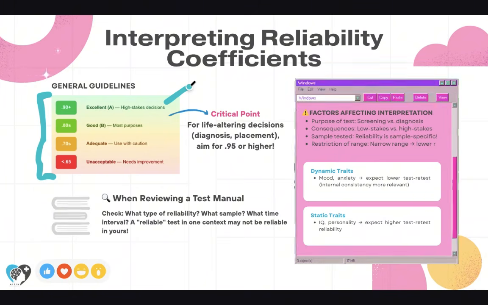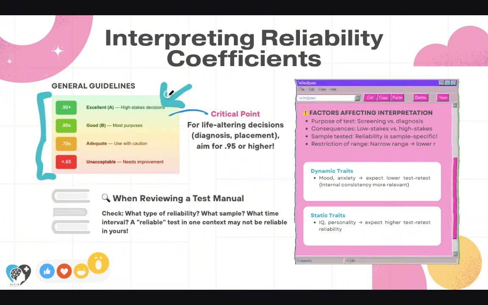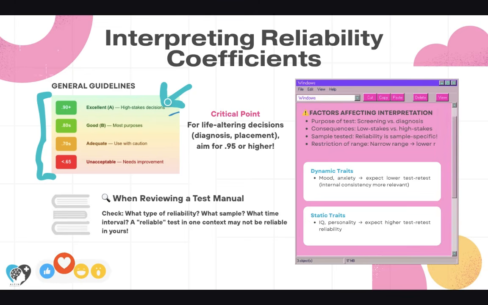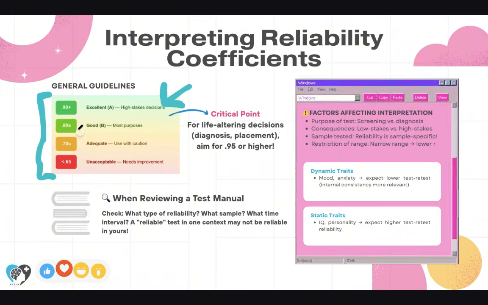Okay, so for exams that could potentially influence someone's life, for example, the mental retardation test or a school placement test, identifying whether or not you need to be placed in a school wherein you are given special education, right? You need to have reliability scores of 0.90 and above. Between 0.80 and 0.89 is good, so it's acceptable for most educational uses.